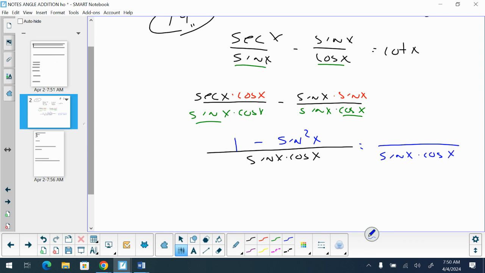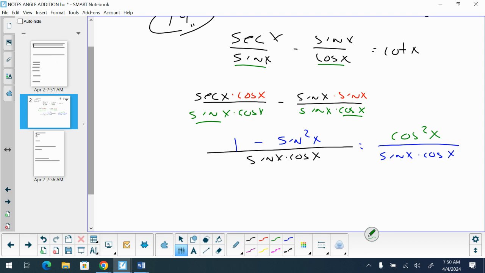Now we can look at the front, the top, and we have 1 minus sine squared, which we can scan down through. 1 minus sine squared is equal to cosine squared. I have cosine squared here, I have sine or cosine.